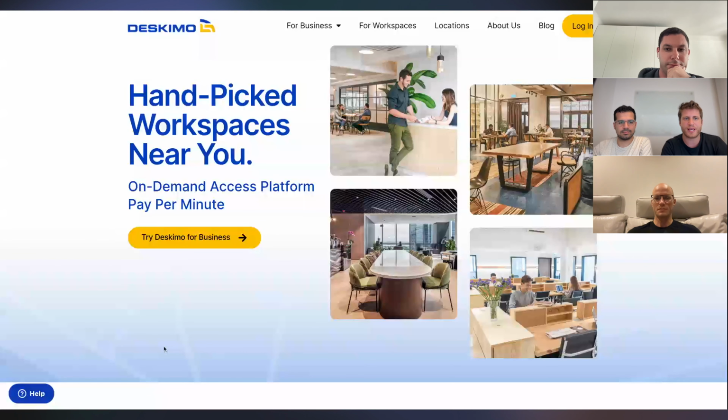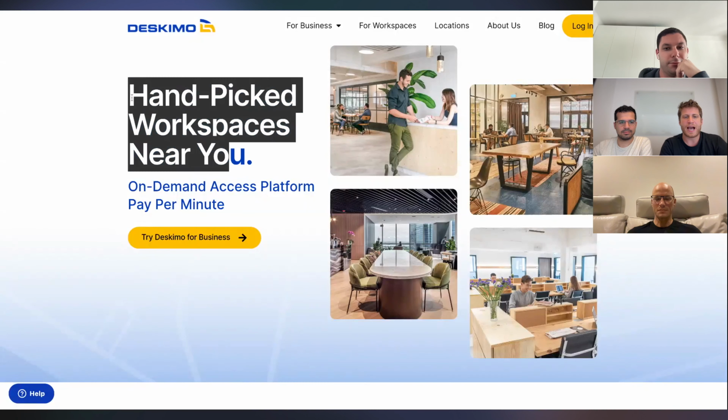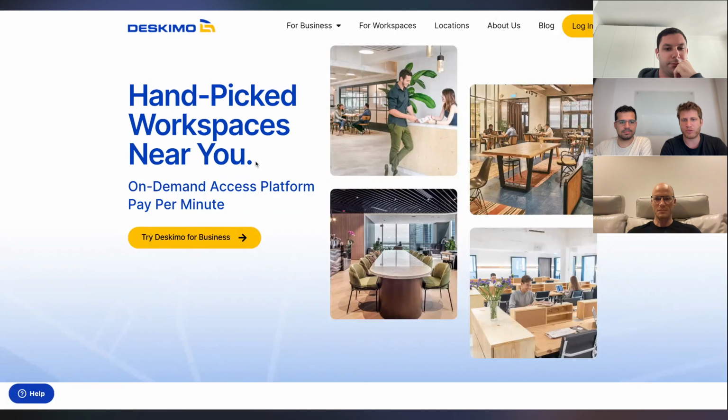And then for the H1, handpicked workspaces near you, I'm not sure how differentiated that is. When I look at this, I think of WeWork, I think of other co-working spaces. What is it that is going to bring me in? Why is it that handpicked workspaces near me is important?